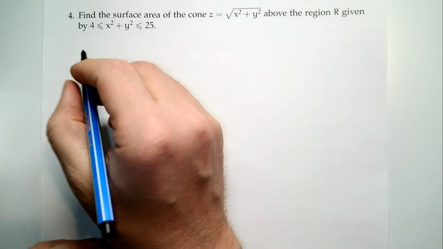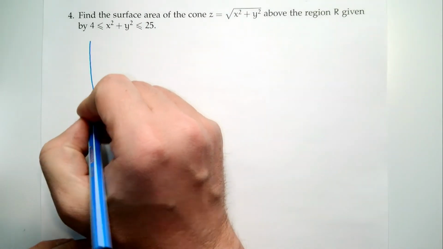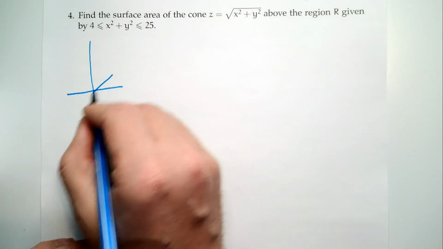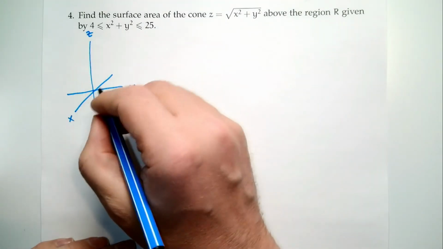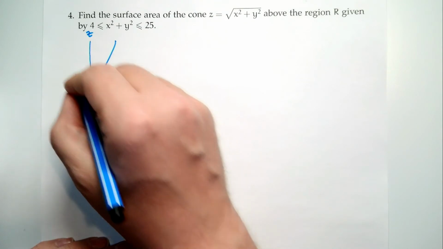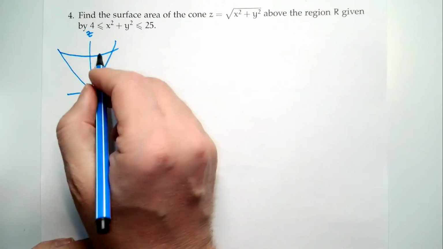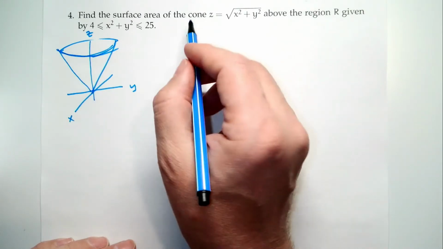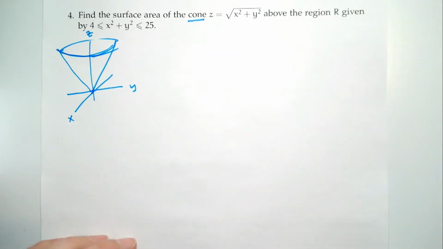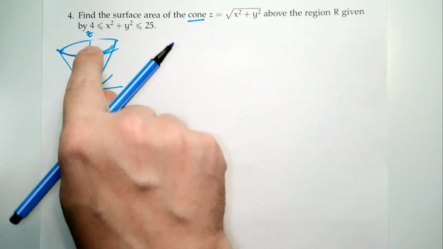That's not so bad to sketch, because what do you have? You have your space, so here's your x, y, z. We have this cone coming up, and you might say, how do you know it's a cone? Well, my biggest clue that it was a cone was it said it was a cone. Yeah, that's a dead giveaway every time. How about this region?